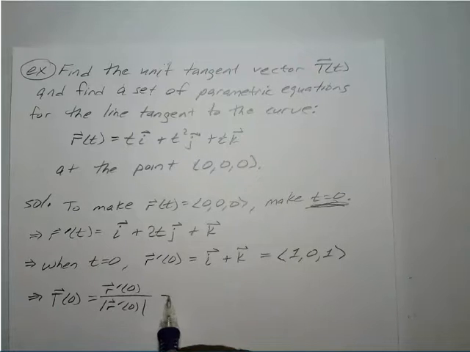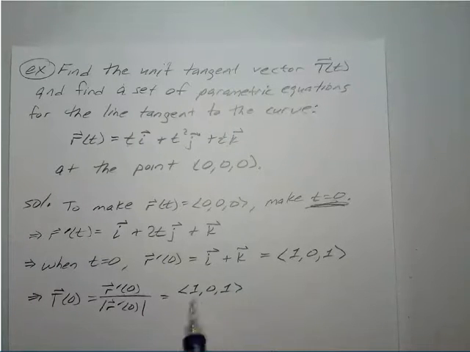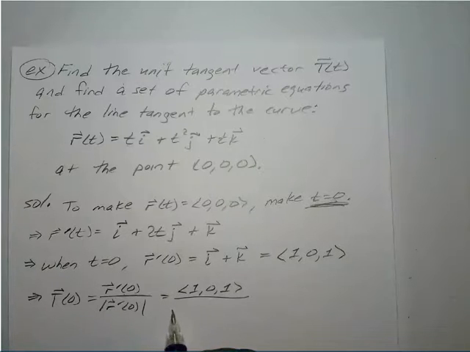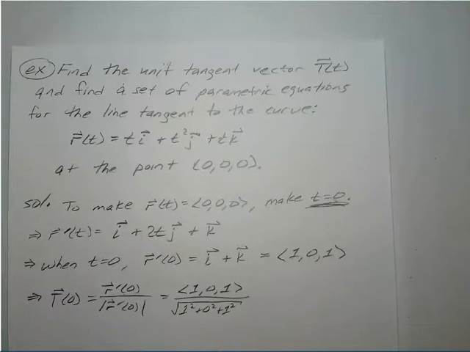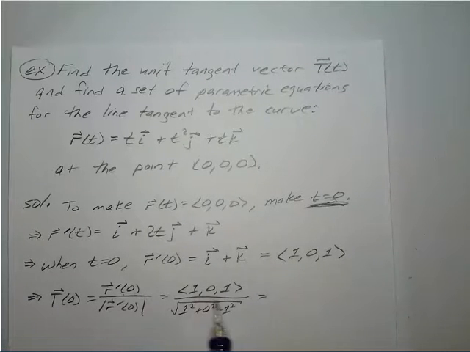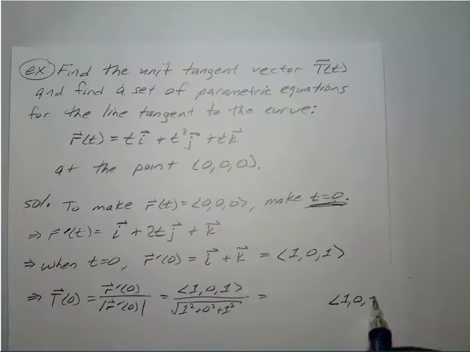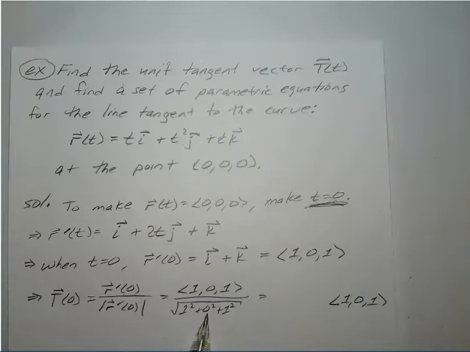Okay, so that's just going to equal our r prime of 0, which is 1, 0, 1, over our magnitude, which is the square root of 1 squared plus 0 squared plus 1 squared. Really what you do is move that out to the front. You have 1, 0, 1 times 1 over square root of 2.